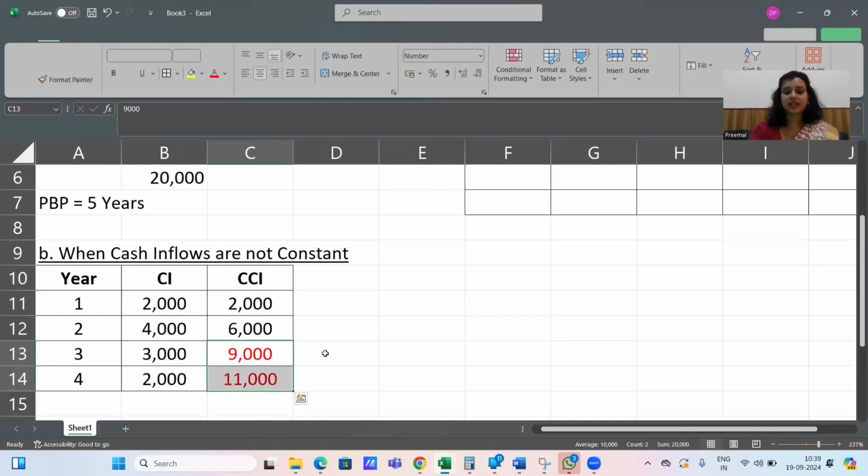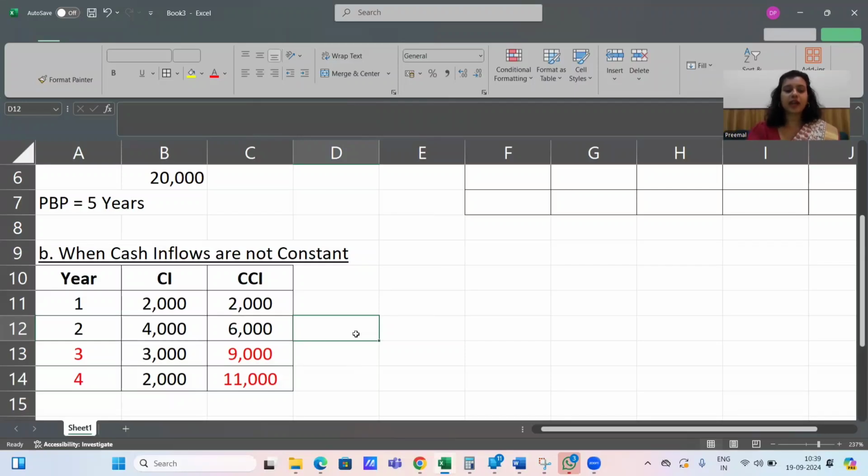Our initial investment lies between 9,000 and 11,000. So we can say that the payback period is between 3 years and 4 years. Now, when the payback period lies between 2 years, we'll have to find out what fraction of the next year is when the initial investment will be recovered completely.